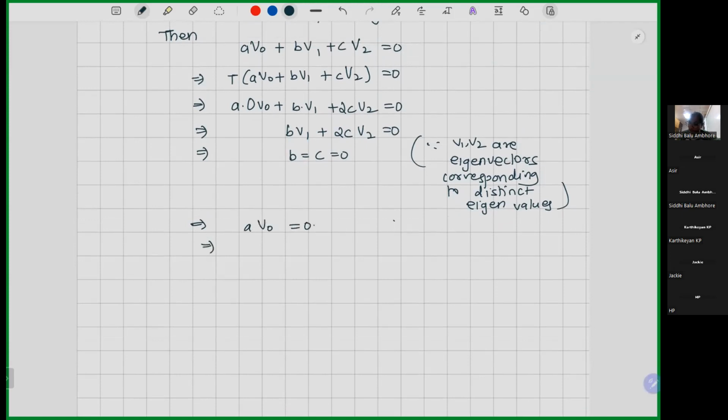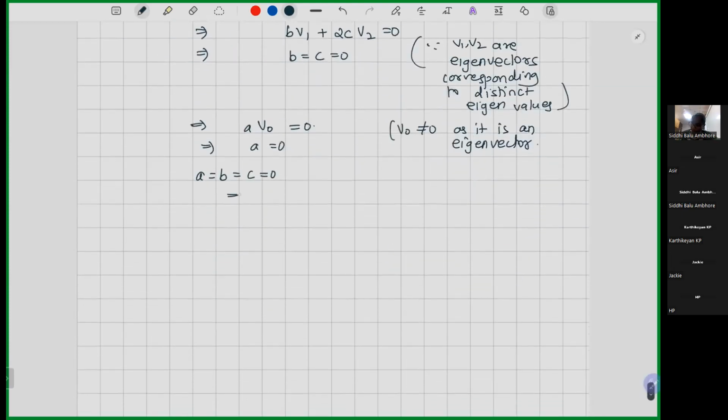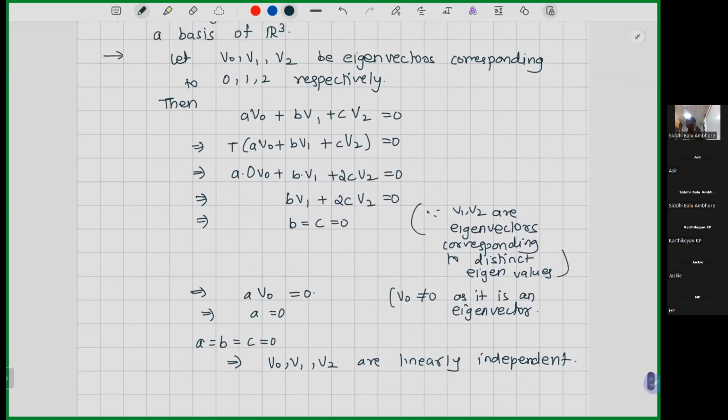But V0 is non-zero as it is an eigenvector. So these imply A is 0. So A is equal to B is equal to C is equal to 0. So this implies that V0, V1 and V2 are linearly independent. Is it clear? Whatever you all said, that since we have distinct eigenvalues, we will have distinct eigenvectors, that's what we used here.